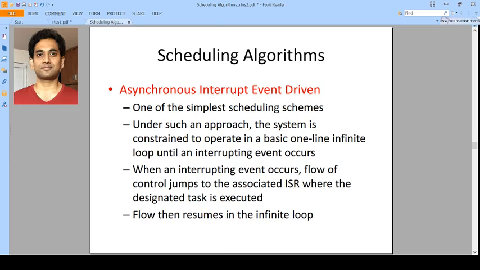Asynchronous interrupt event driven scheduling algorithms are one of the simplest scheduling schemes. Under such an approach, the system is constrained to operate in a basic infinite loop until an interrupting event occurs. So there is a while(1) loop.